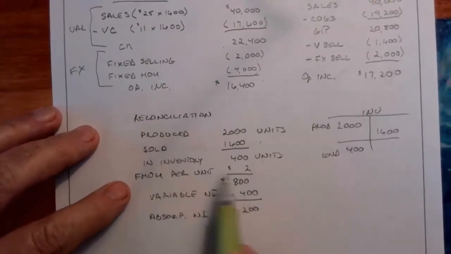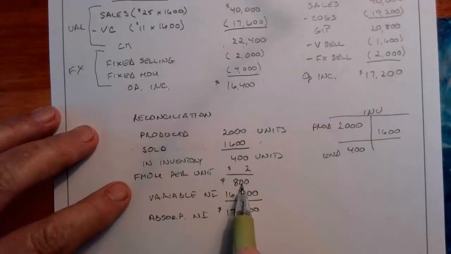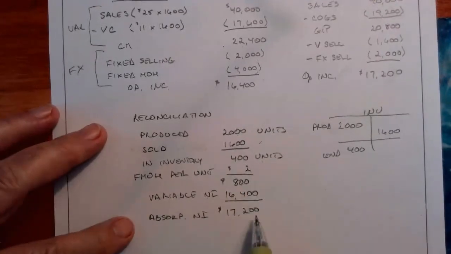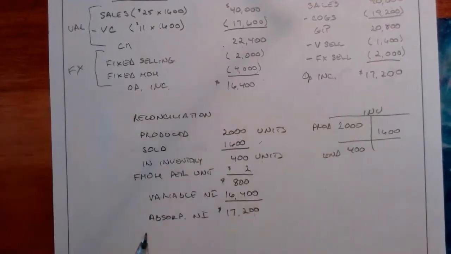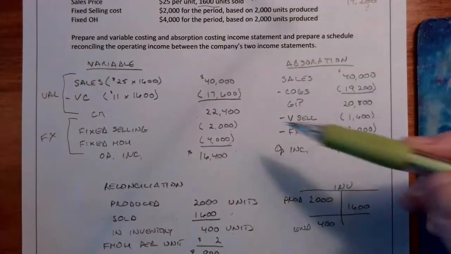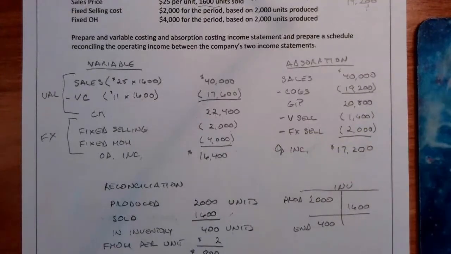Fixed manufacturing overhead per unit is $2, so the amount of fixed manufacturing overhead in inventory is $800. So if I take my variable net income and add the 800, I get the 17.2 that is the absorption costing net income. This is a good problem to get yourself organized if you're a little shaky on absorption costing or fixed manufacturing overhead.